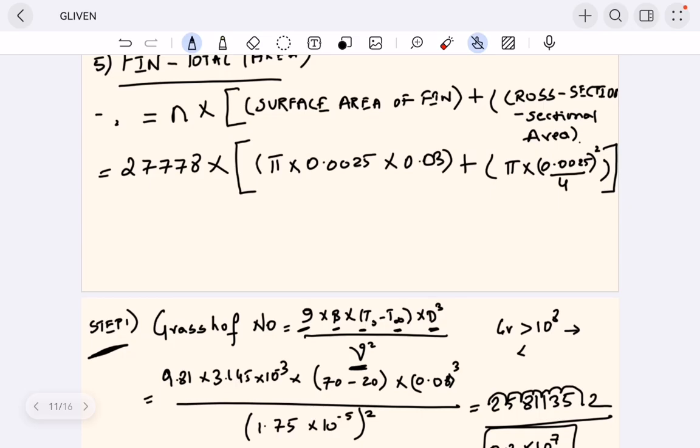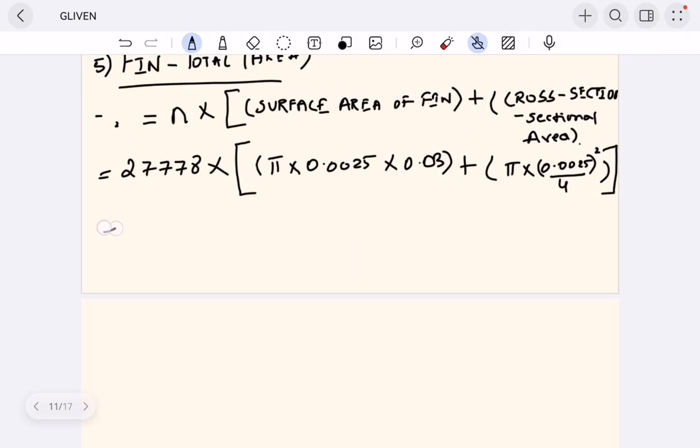If you plug in all the numbers, you are going to get the total fin area of 6.68 meters square.